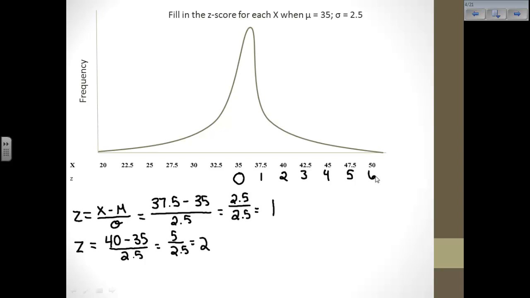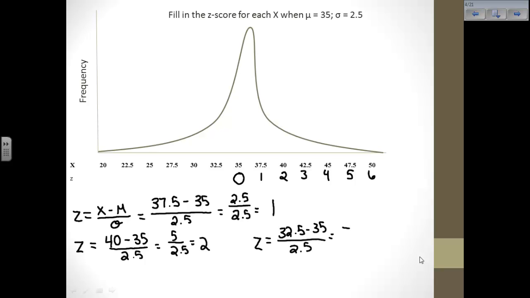Okay. Now, if we go the opposite direction, I can see that the same pattern is happening, but now 1 standard deviation is being subtracted as we go down the line. But just to make sure, let's go ahead and calculate one. So let's find the z-score for 32.5. So x, 32.5, minus the mean of 35, divided by 2.5.